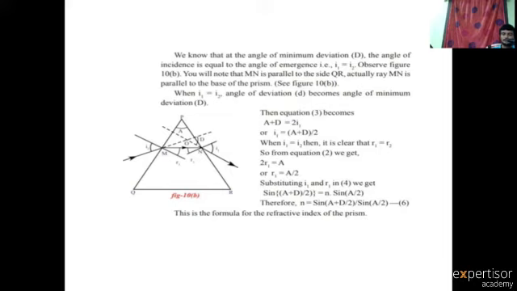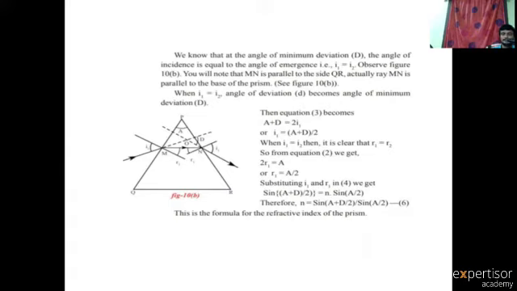Substituting I1 and R1 in equation 4, we get sin of (A plus D) by 2 is equal to n into sin A by 2. Therefore n is equal to sin of (A plus D) by 2 divided by sin A by 2.